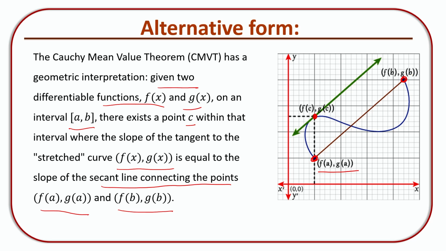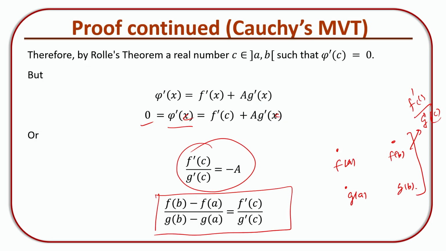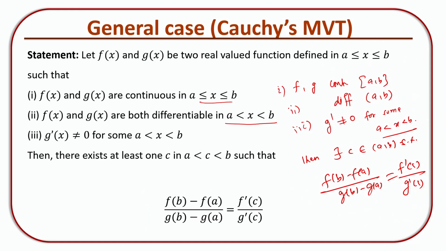And g dash of x is not going to be 0, as you can see in that statement.